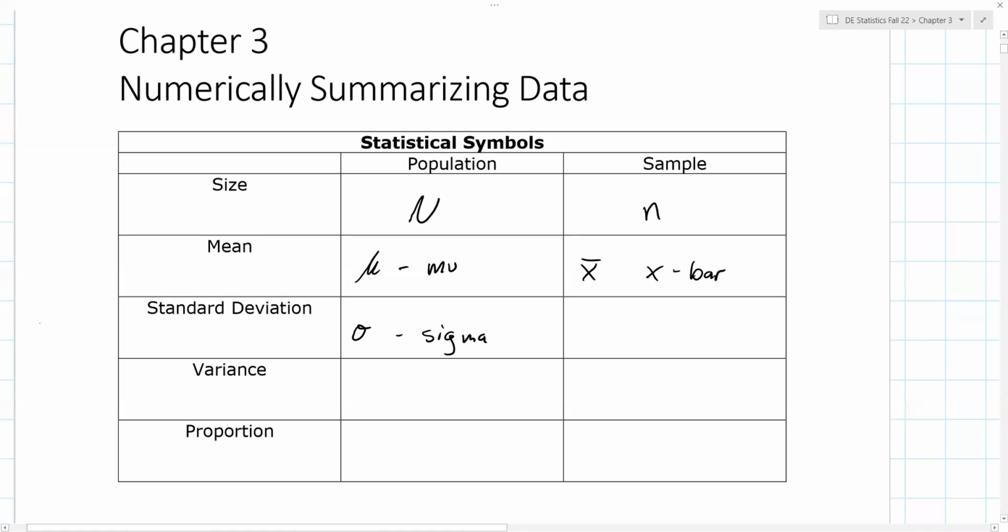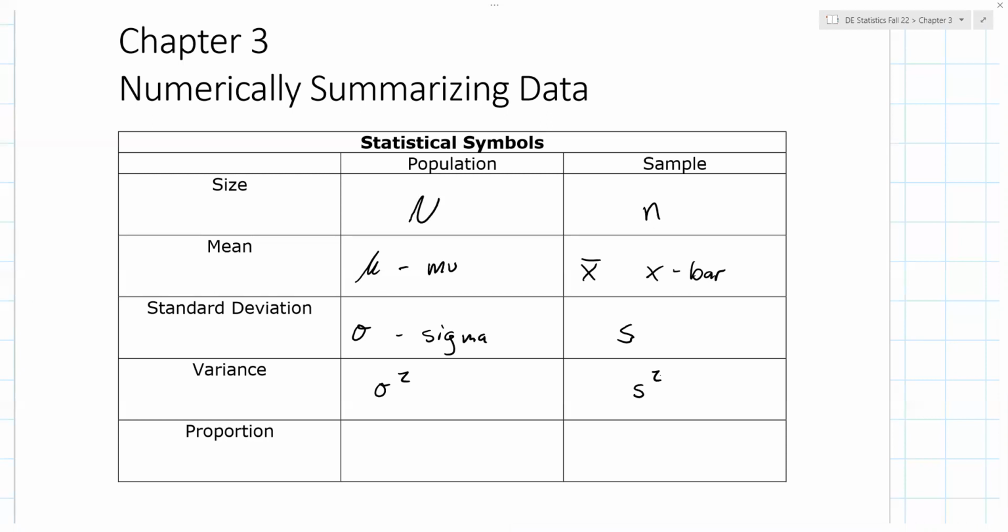Standard deviation for a sample is simply S. And then for variance, it is sigma squared and then S squared, which shows you the relationship between variance and standard deviation. They're very closely related. Standard deviation is simply the square root of variance, or variance is the square of standard deviation.